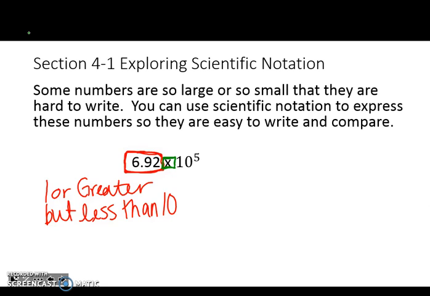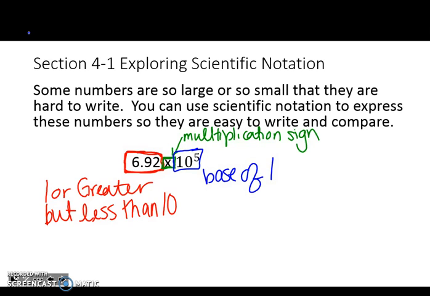Then it is always going to be a multiplication problem. So that is a times symbol. So 6.92 times. And then this last term is always going to have a base of 10. So 10 is always going to be this number right here.